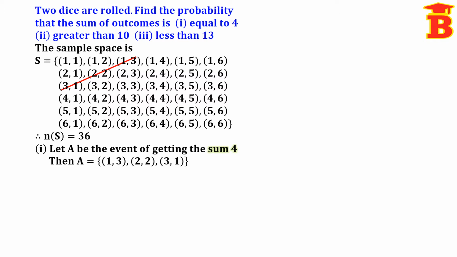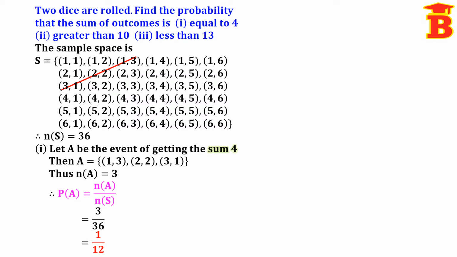Therefore we get (1,3), (2,2), (3,1). Now count and write n(A) equal to 3. Now using the formula, P(A) equals n(A) divided by n(S). This is equal to n(A) value 3 divided by n(S) value 36. We can cancel by 3. So the answer is 1 by 12.